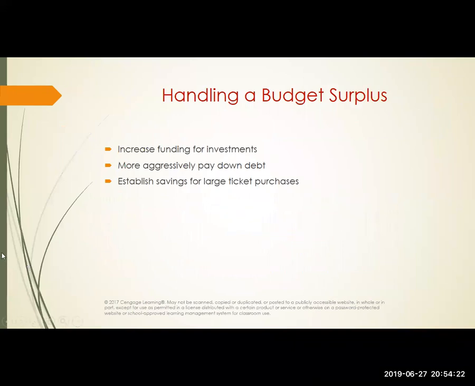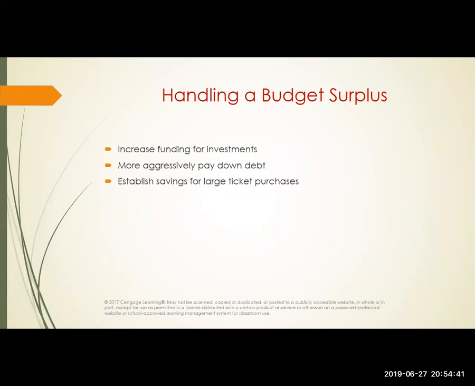Conversely, if you're in a situation where you've got a surplus, that's great. What am I doing with a budget surplus? I'm increasing my savings. I'm increasing my payments on my debt, whether it's credit cards or student loans or car payments or a mortgage. I'm setting up a savings account for large ticket purchases.